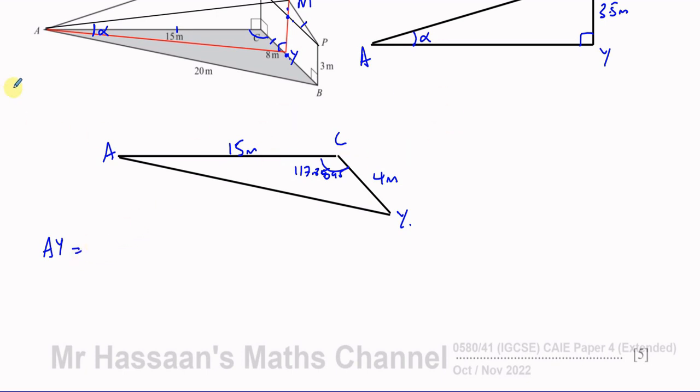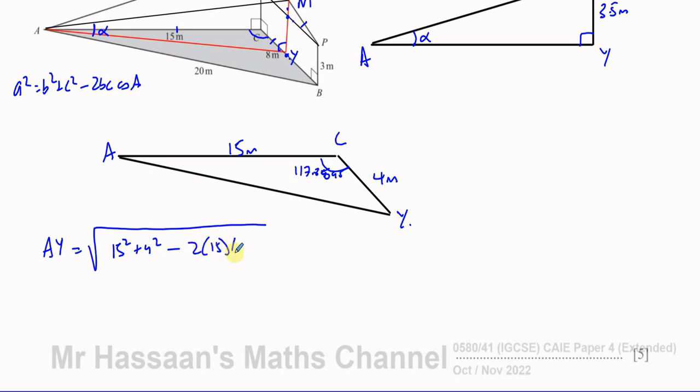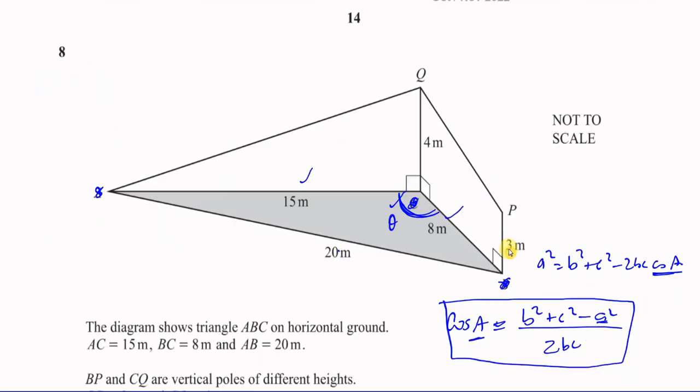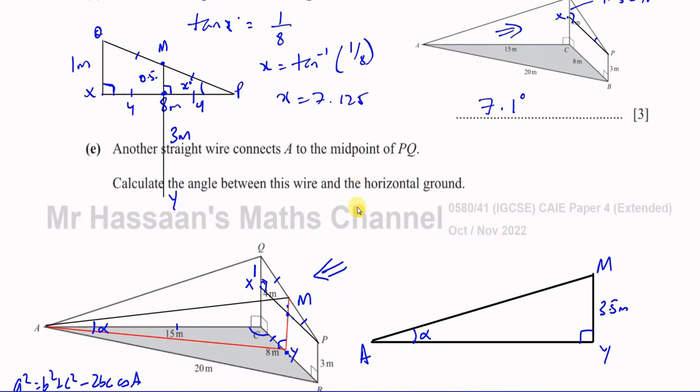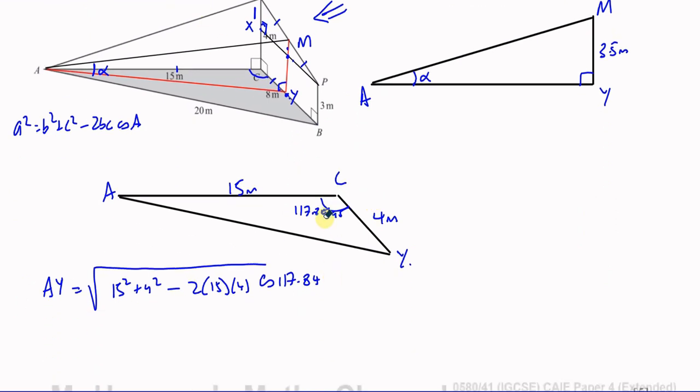Remember the cosine rule is a squared equals b squared plus c squared minus 2bc cosine A. So AY will be the square root of 15 squared plus 4 squared minus 2 times 15 times 4 times the cosine of the angle between those two lengths, which is 117.5485.